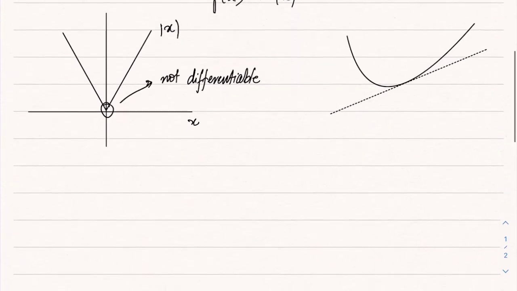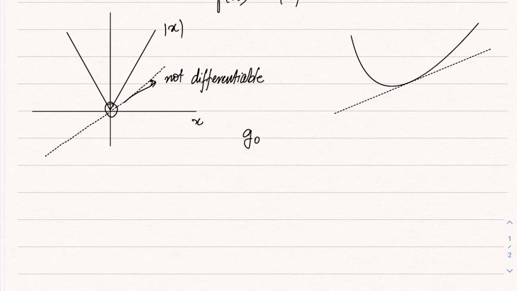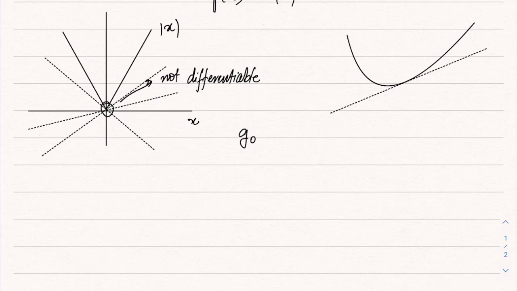And at 0, what is g_0? g_0 would be the slope of the tangent that lower bounds this function. You can easily imagine all sorts of lines lower bounding it. All these three lines are lower bounding this function at 0, so all three are possible candidates of g_0. In fact, g_0 belongs to the entire interval from -1 to 1. Any point in -1 to 1 can play the role of g_0 for the absolute value of x.